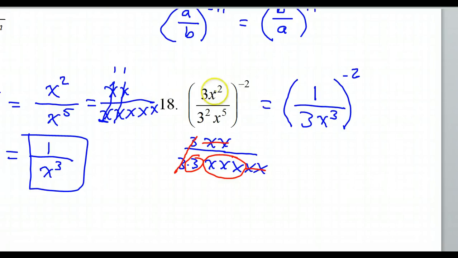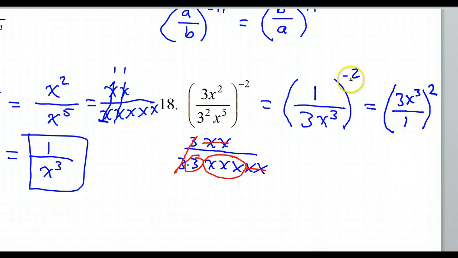Alright, I always recommend simplifying the inside part first. Now, what did I just tell you to do when you have a fraction and a negative power? Yes, I told you to do the reciprocal. So this would be like 3x to the 3rd power over 1, and then with a positive 2 power.